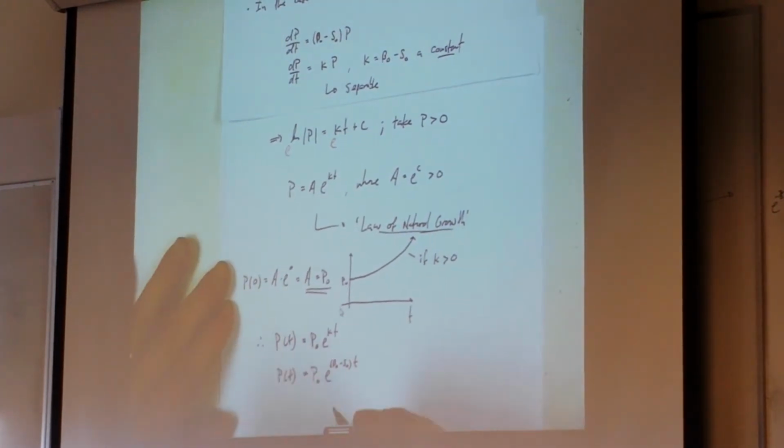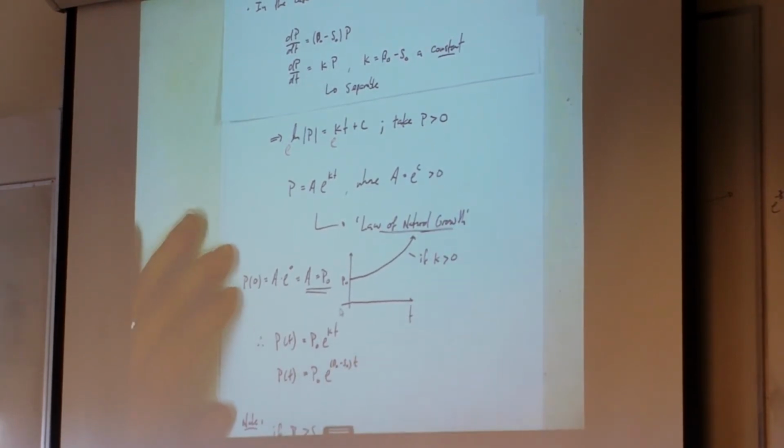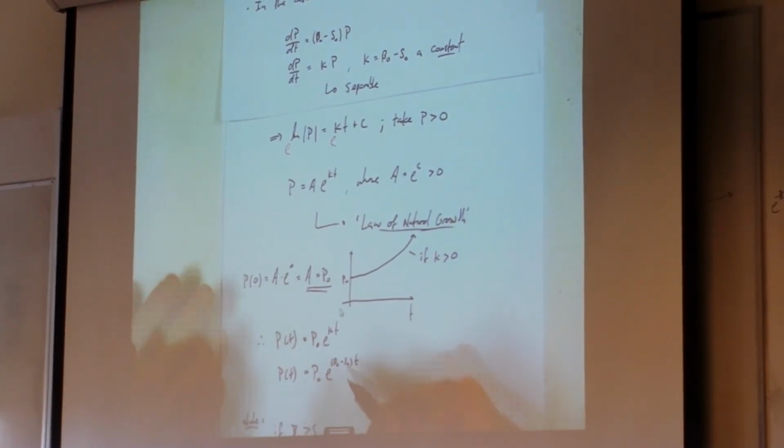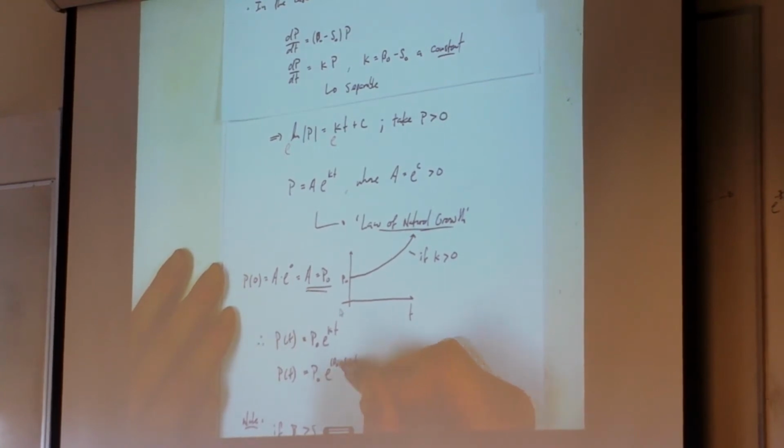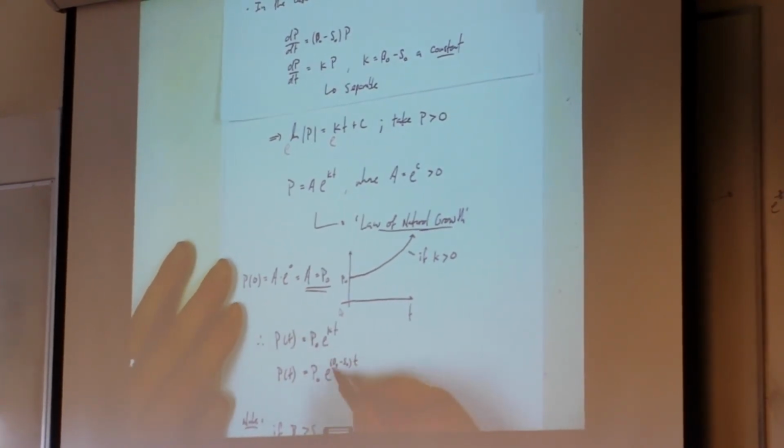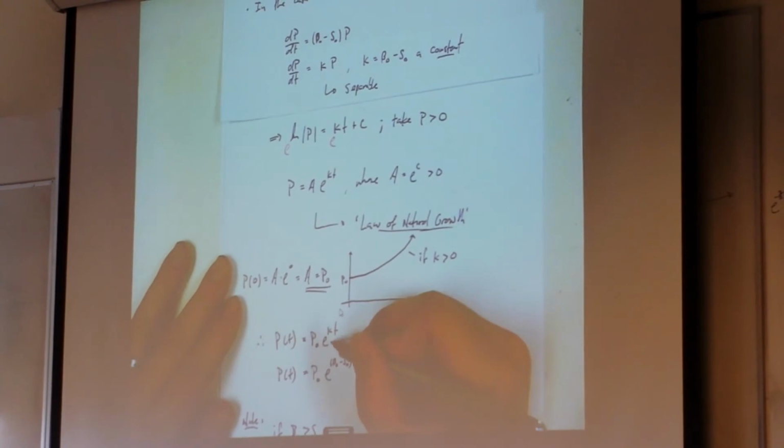So let's do a little examination. If the birth rate is greater than the death rate, in other words, if beta naught is greater than delta naught, then what can you say about that constant K?